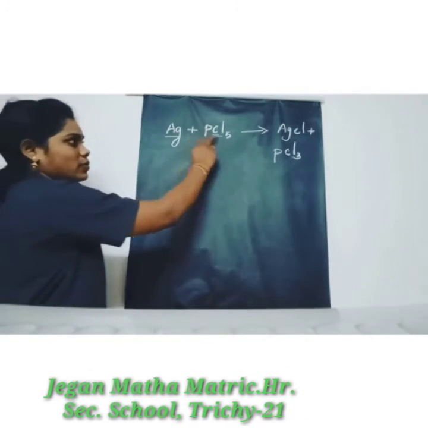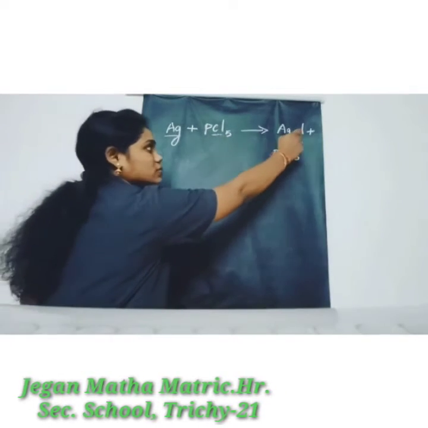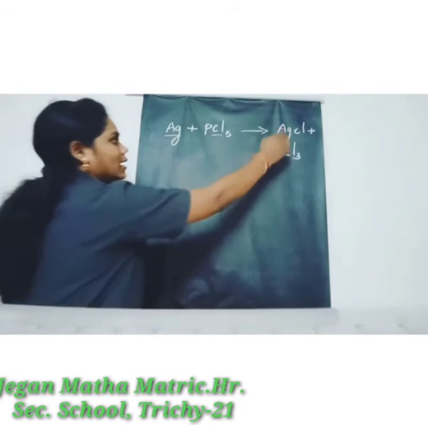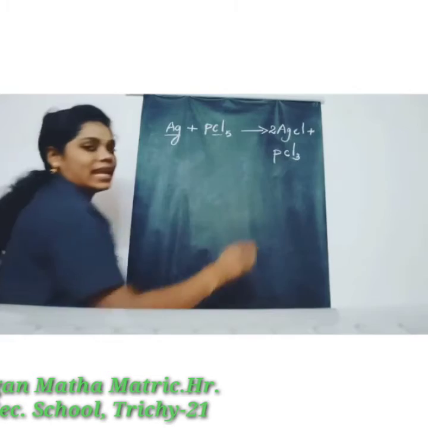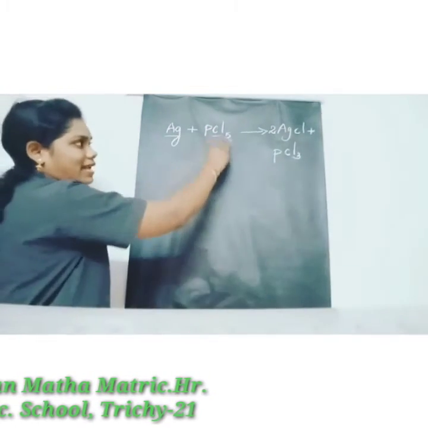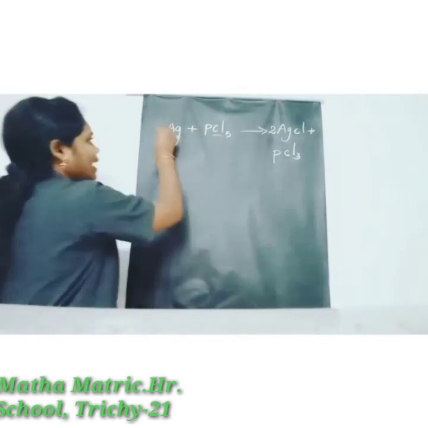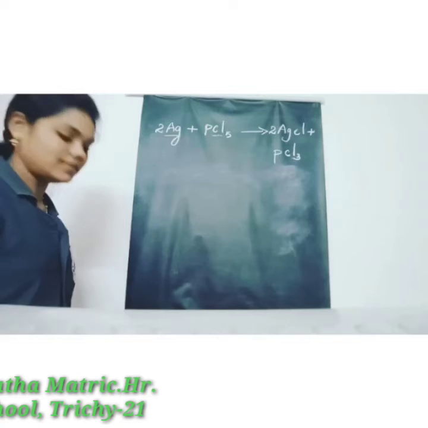Here phosphorus 1 time, chlorine here 5 times, but here chlorine 3 plus 1, 4 times only present here. So here 2 means 2 plus 3, 5 times, here 5 times, but silver here only 1 time, so 2 times of silver.